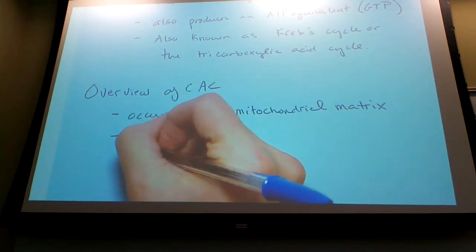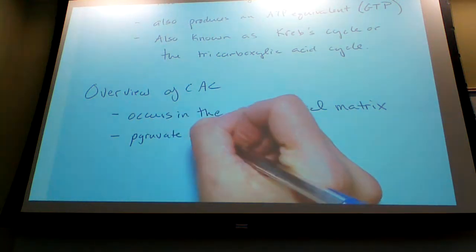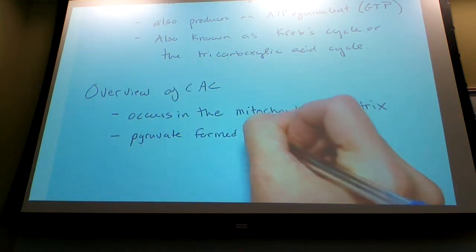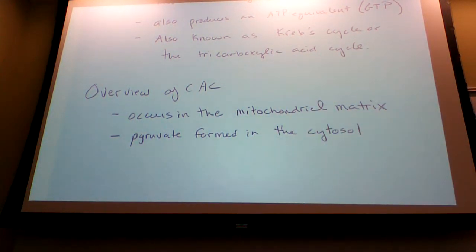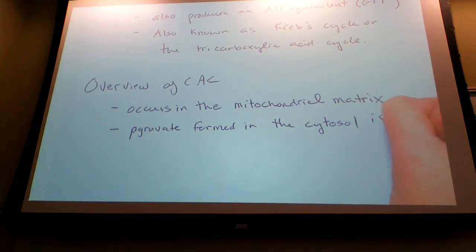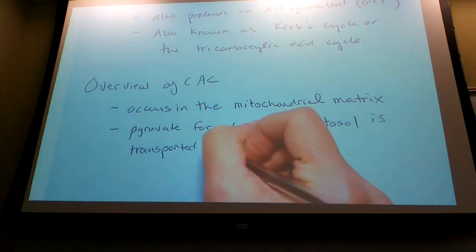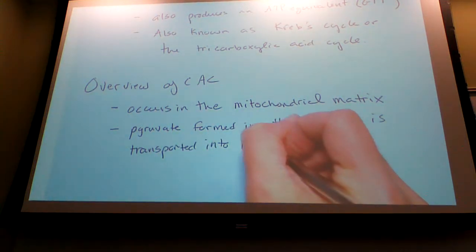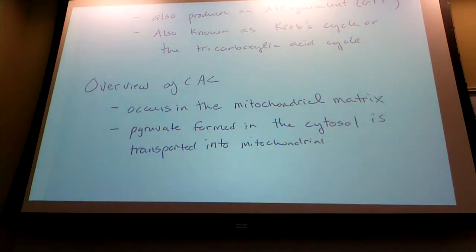So, pyruvate is formed in the cytosol, because that is where gluconeogenesis and glycogen breakdown happen. It's transported into mitochondria. And we already mentioned that that was an antiporter that brought pyruvate in.